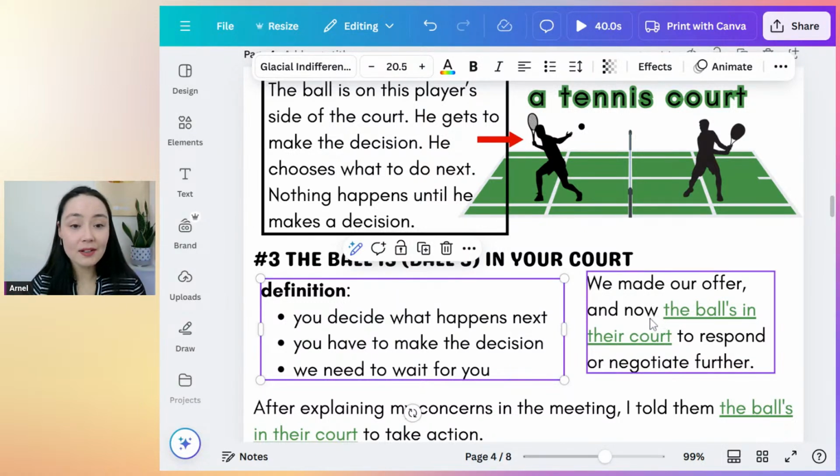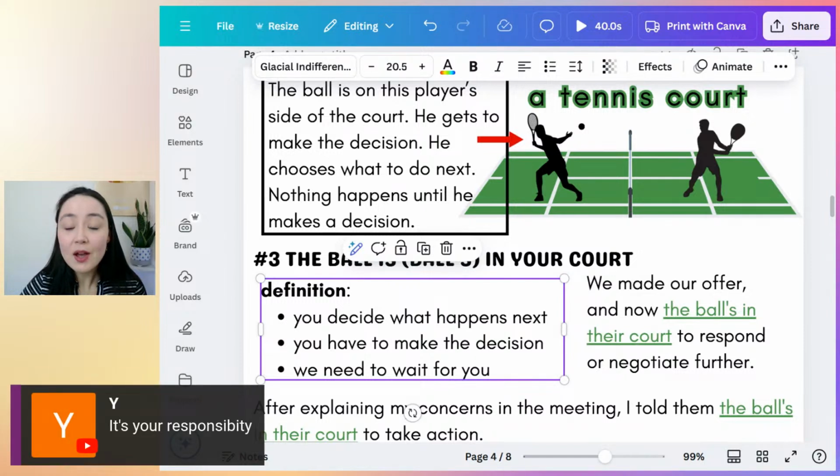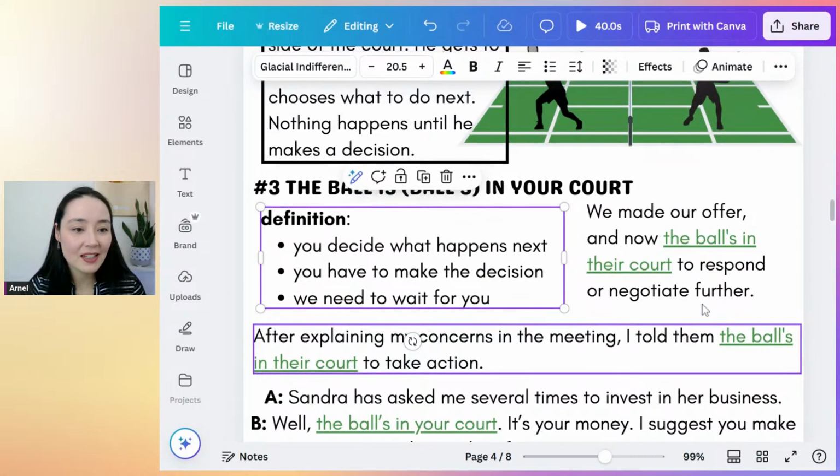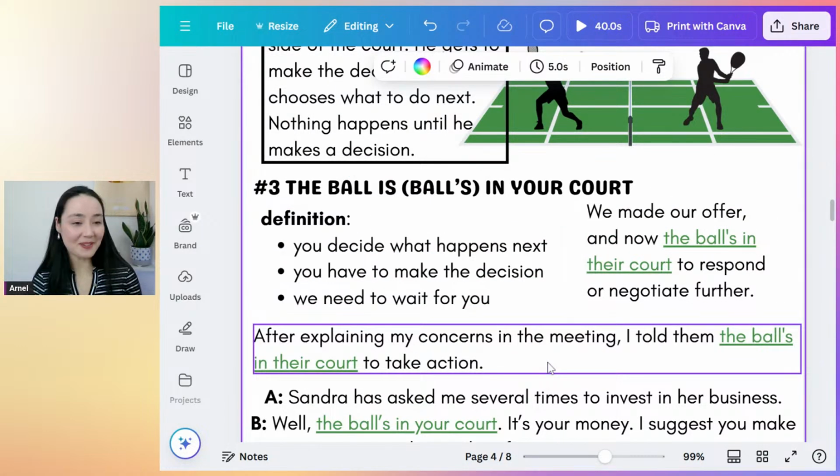We made our offer, and now the ball's in their court to respond or negotiate further. Why? It's your responsibility. Exactly. You need to choose. It's your responsibility. You decide what happens next. Second example.